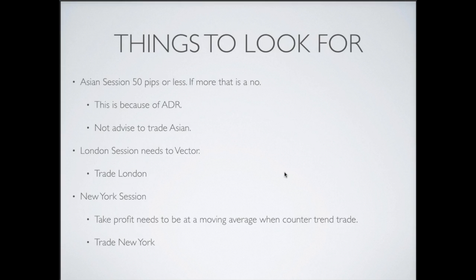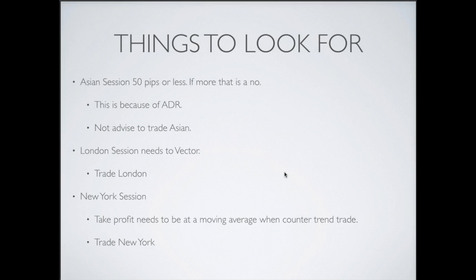That's because of the ADR, average daily range. We're going to talk about that one a little later, but you can research that on Babypips. Not advised to trade on Asian session because of this. It's not going to give you too much money because it has to be less than 50 pips. So you're going to make something less than 50.